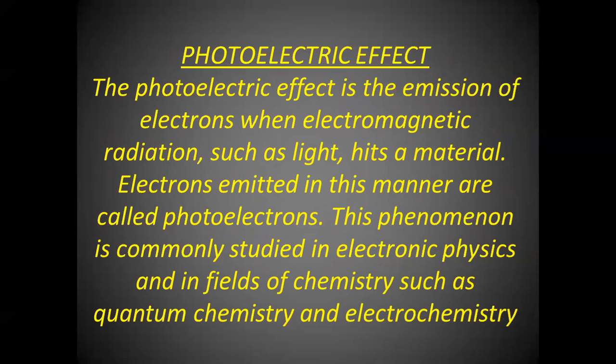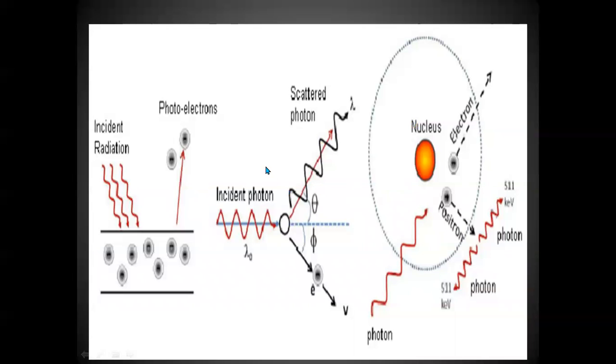That electromagnetic radiation may be light, because visible light is part of electromagnetic radiation. This phenomenon is called the photoelectric effect, and it is useful in chemistry as well as in physics.